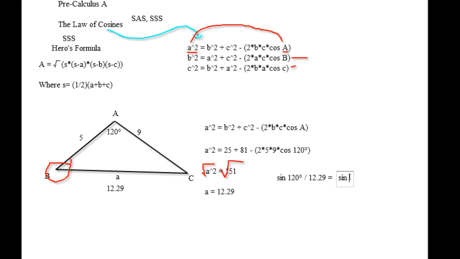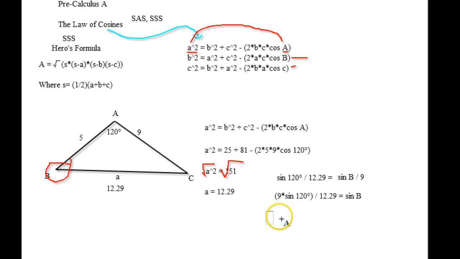So sine of B divided by 9. We do our cross multiplication, or technically all you need to do is get rid of the divide by 9, so we should have 9 times the sine of 120, divided by 12.29, equals the sine of angle B.